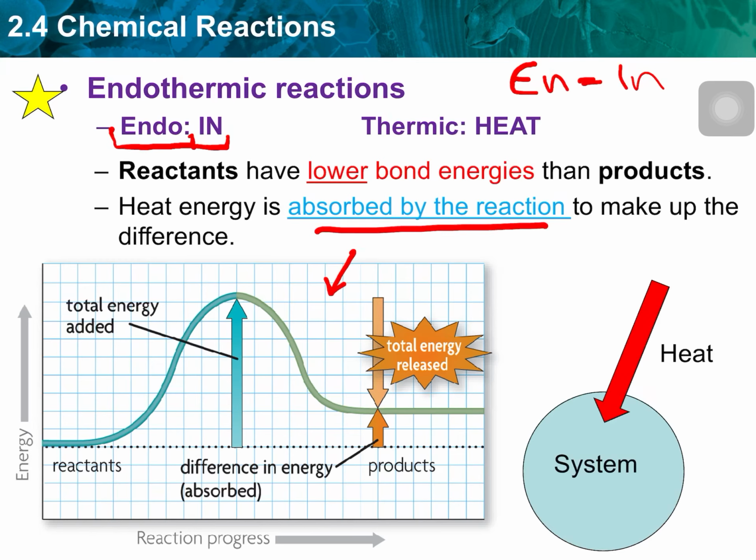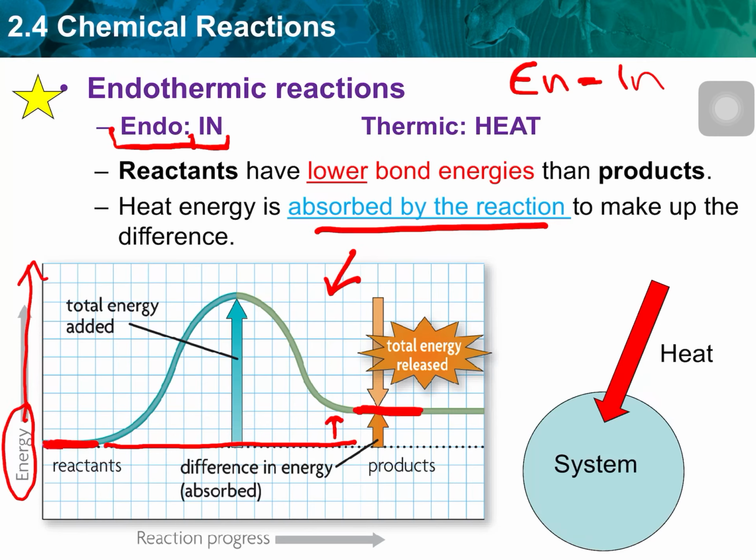So let's take a look at this picture. Here's where my reactants start. I go through the activation energy, and then this is where my products end. As you can see, since my reactants are way down here, I have absorbed that much energy, because over here on our dependent variable, our energy, as we go up, that means more energy.